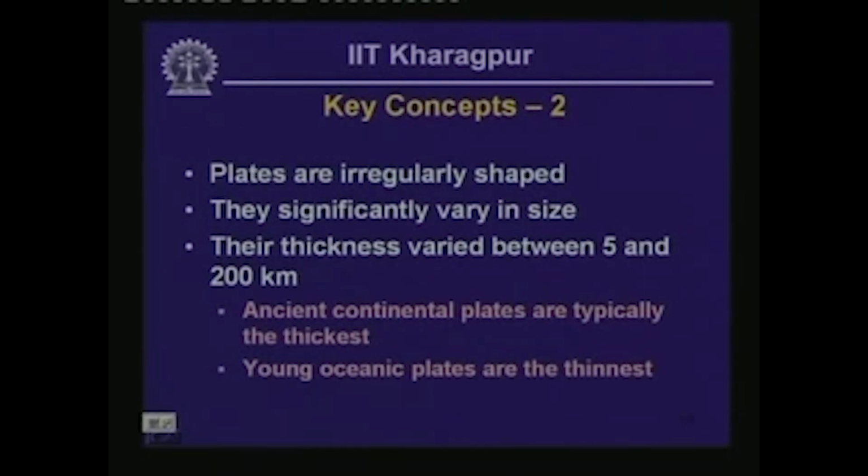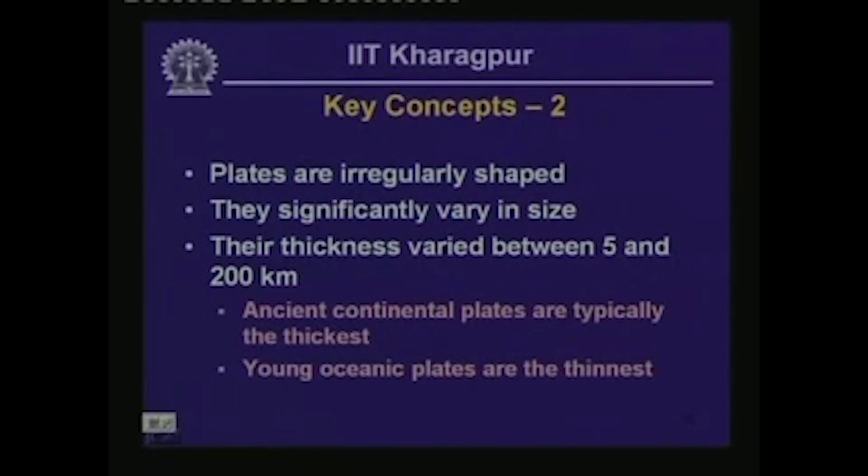As we have seen, underneath the ocean the thickness of the crust is much smaller, and there you could have a very thin plate indeed, whereas underneath mountain chains the thickness of the crust could be quite significant, and it could exceed 100 kilometers in some places.